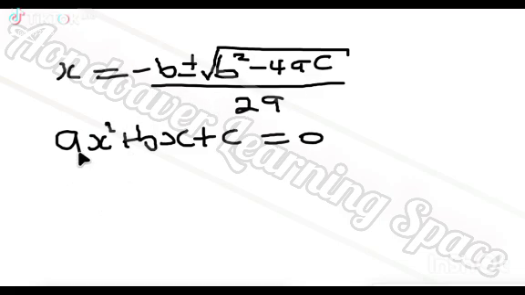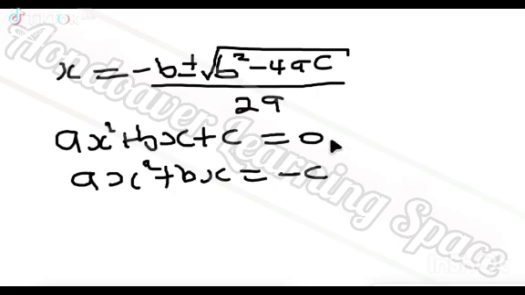So, let's assume we have an expression like this. We want to make x the subject of the formula from this. So, first, what we do is we move c to the right-hand side. So, we have ax squared plus bx is equal to negative c when it crosses to the right hand side. Because it is crossing an equality sign, it is negative.